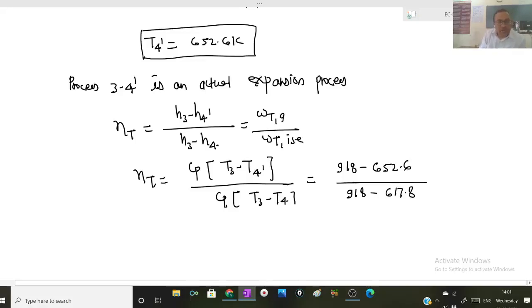So from here the value of isentropic turbine efficiency will be 0.884 or 88.4%.